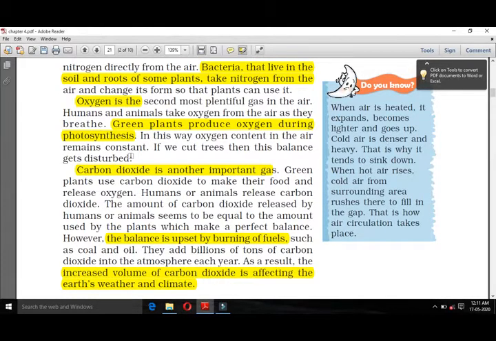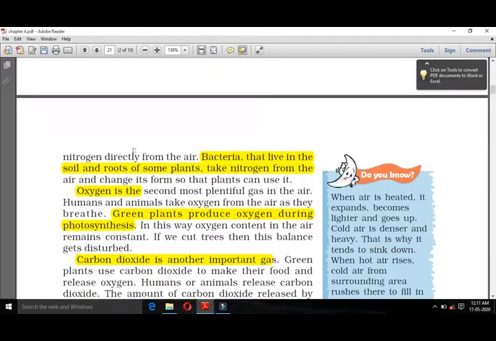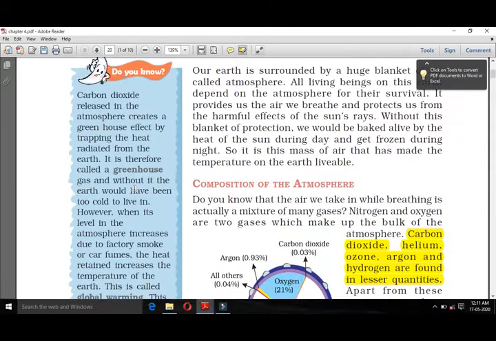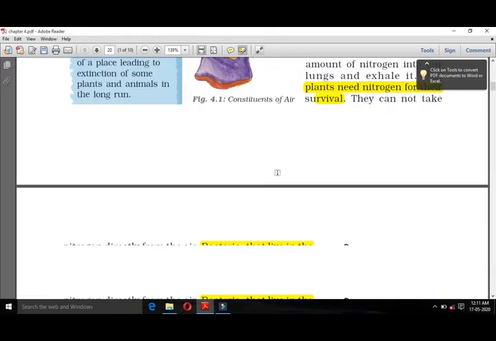The balance of carbon dioxide is increasing because of fossil fuels, and the increase of carbon dioxide affects our weather and climate also. So here is the greenhouse effect and global warming. We will discuss it later.